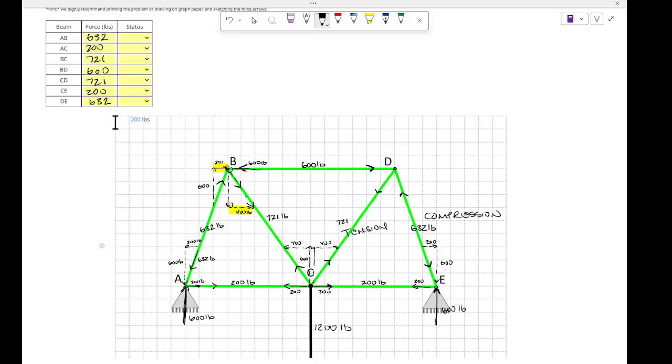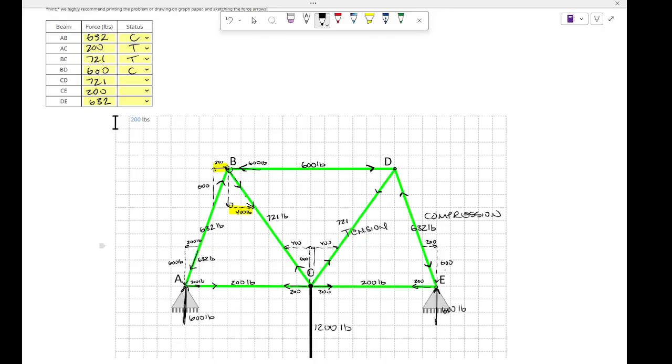All right, so if I go through each member, we start with AB. We have arrows pushing out, so we would say compression. AC, we have arrows pulling in, so we're in tension. BC, we have arrows pulling in, it's in tension. We have BD, we have arrows pushing out, so it's being compressed.